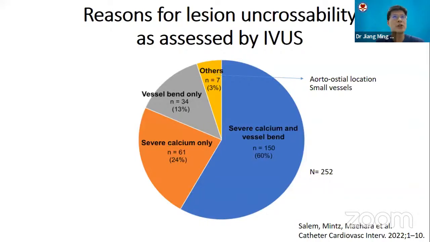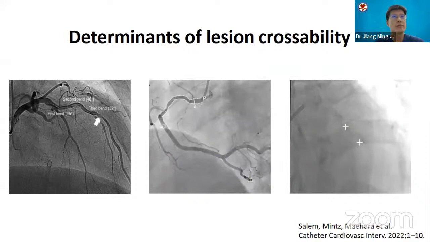From this pie chart alone, severe calcium takes up just barely a quarter, or 24%, of uncrossable lesions. Other anatomical factors associated with uncrossability include aorto-ostial lesions as well as small vessels. Some examples are shown here. A significant vessel bend is considered to have an angulation of, say, more than 45 degrees.